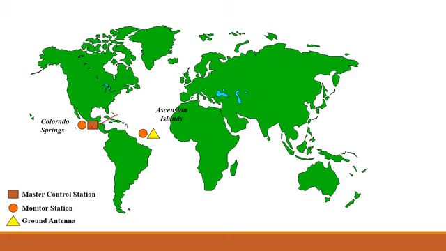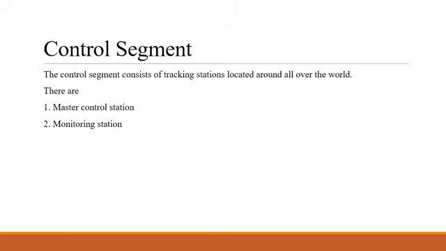It is located in different places. It's just an example here that two are given, but it's not the real scenario. It can be in different parts of the earth on the globe. The control segment consists of a master control system and monitoring control system.